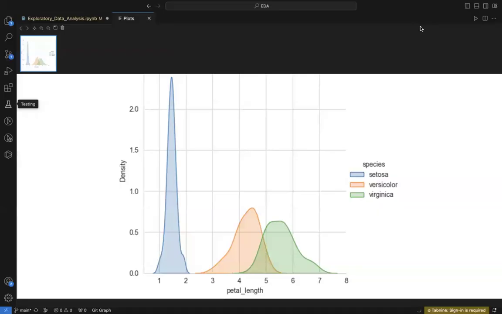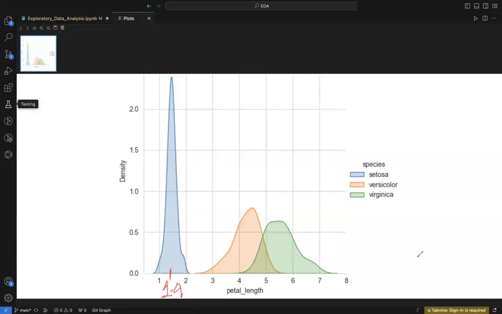So for understanding the spread, I have just opened this graph, this PDF, which we plotted earlier. Here, if you look at these plots, your mean for Setosa was like 1.4. It is somewhere here.